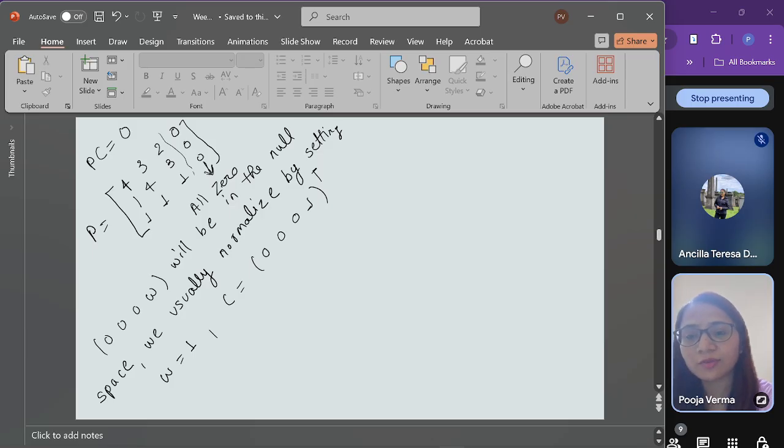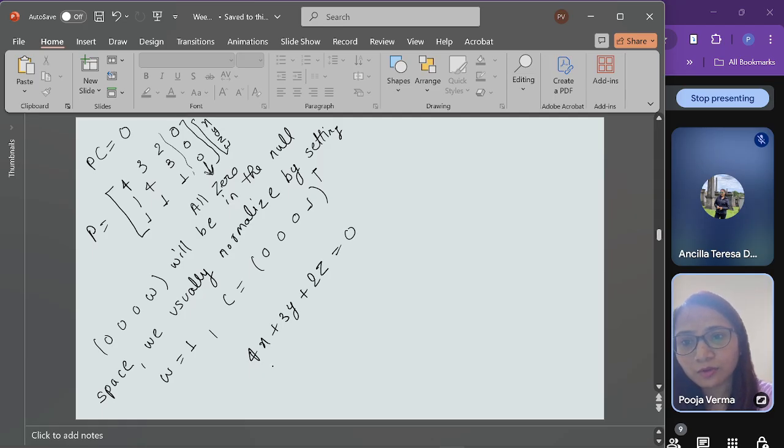If you solve it, you just multiply with x, y, z, w, so you will get only 0. You can check it also. Here, x, y, z, w. So what will you get? 4x plus 3y plus 2z, W is 0, equal to 0.